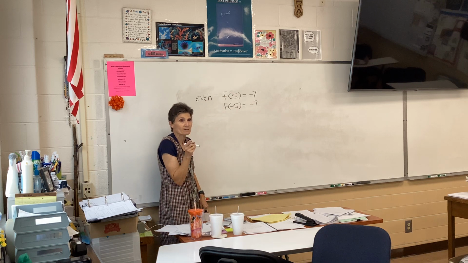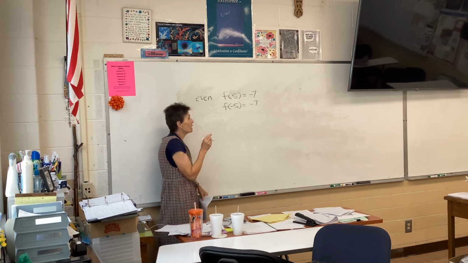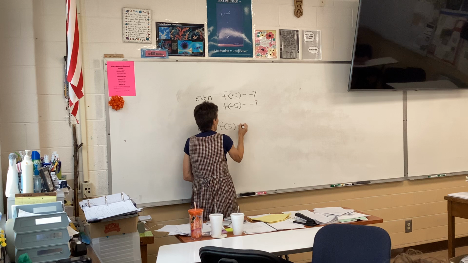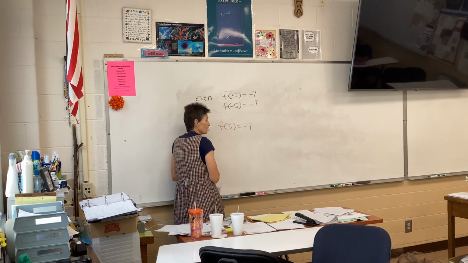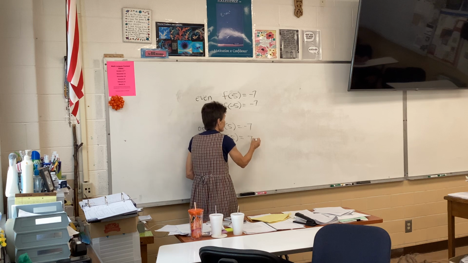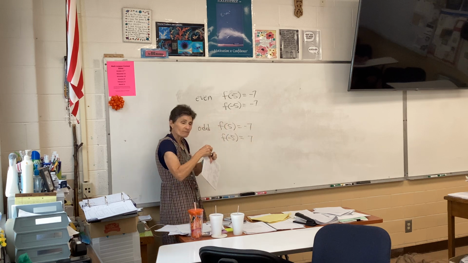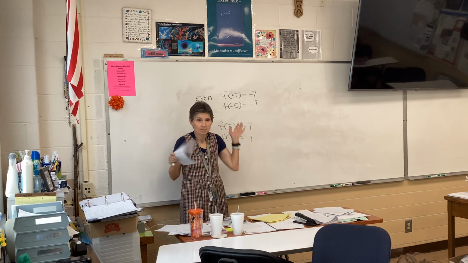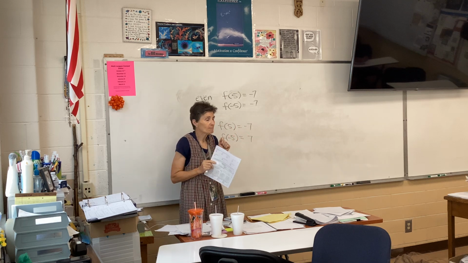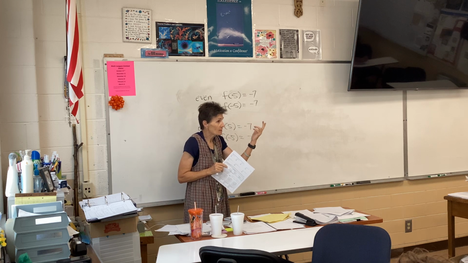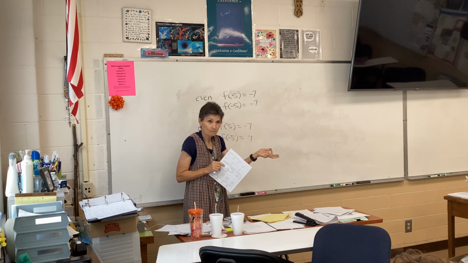That's what it means to be even. If you are odd, and f of 5 is -7, then f of -5 would be +7. Even means sign changes on input don't matter. Odd means sign changes on input change the output, right?